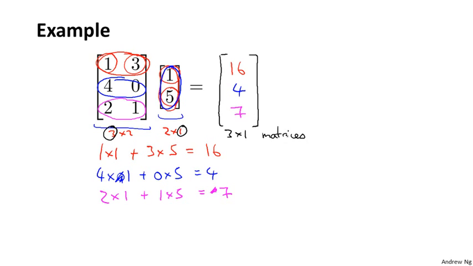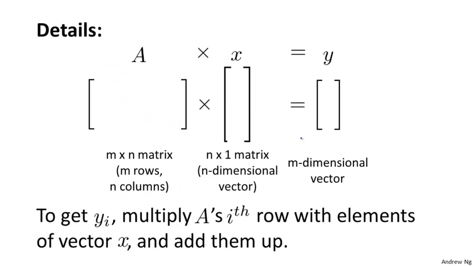In other words, a 3 by 1 matrix is just a three-dimensional vector. I realize I did that pretty quickly, and you're probably not sure if you can repeat this process yourself, but let's look in more detail at what just happened and what this process of multiplying a matrix by a vector looks like. Here are the details of how to multiply a matrix by a vector.